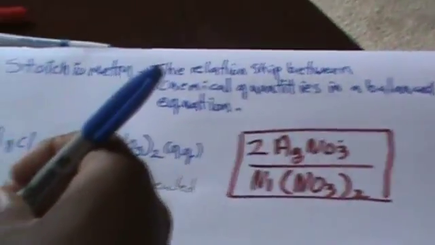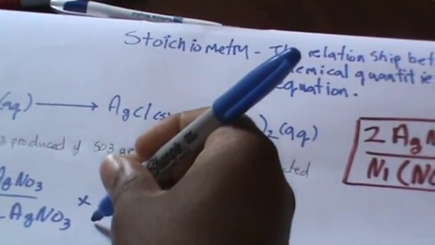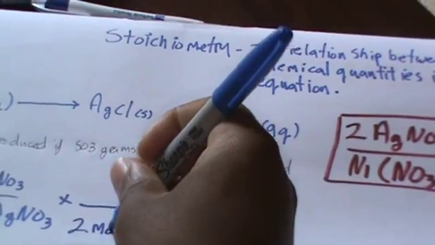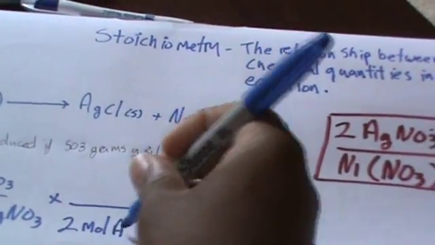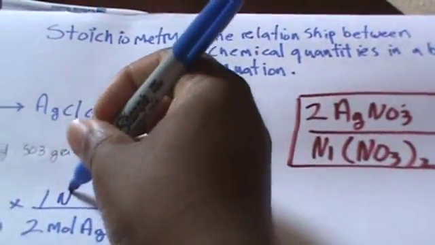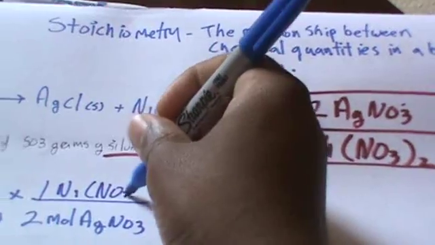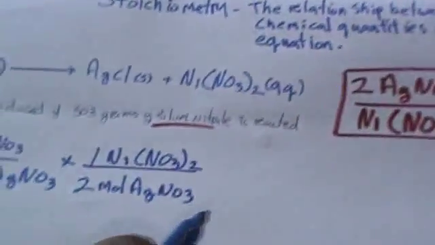So for every 2 moles of AgNO3, you're going to wind up with 1 mole of nickel nitrate, Ni(NO3)2.